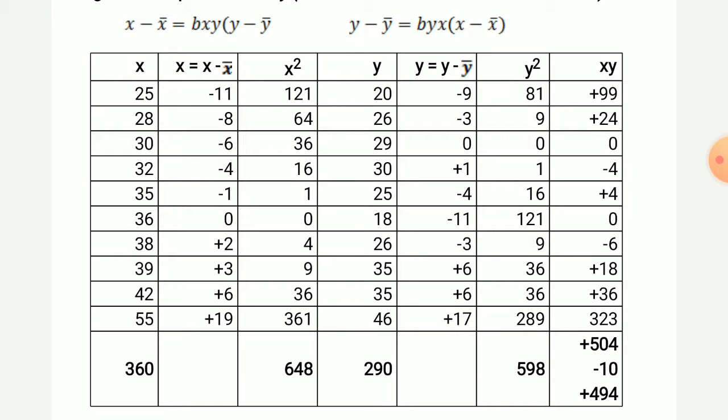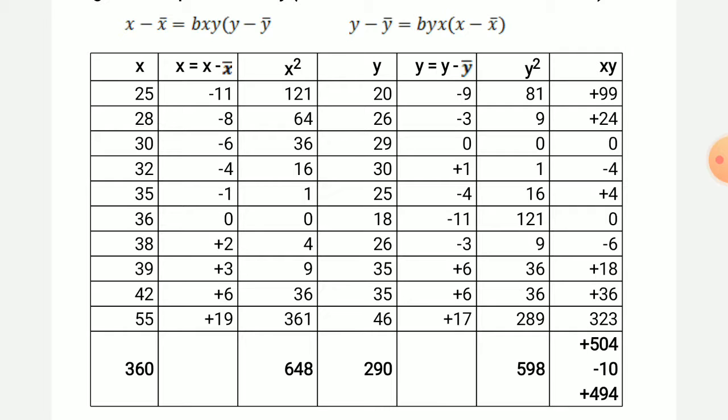Minus 6 into 0 is 0. Minus 4 into plus 1 is minus 4. Minus 1 into minus 4, minus into minus is plus, 1 four is 4. 0 into minus 11 is 0. Plus 2 into minus 3, plus into minus is minus, 2 threes are 6. Like that we have to find the product of the deviated x and y.